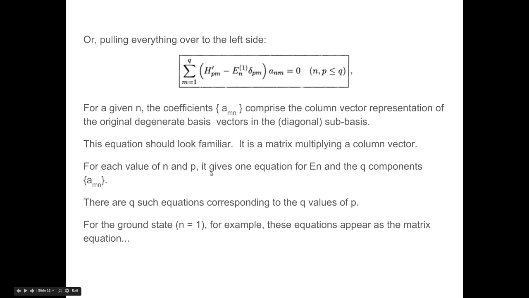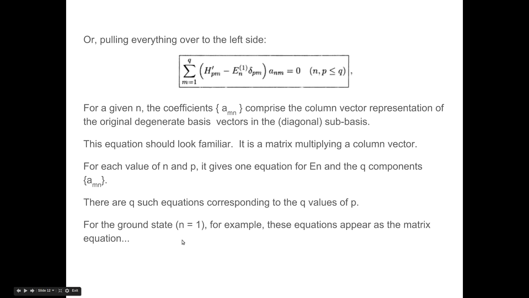For each value of n and p, where n and p are open indices, it gives us one equation for E sub n and the q components of these column vectors. You can convince yourself there are q such equations corresponding to the q values of p. There are a lot of letters involved, but it should make sense. Just know that we're in this subspace, so p and n are constrained to be less than or equal to q.